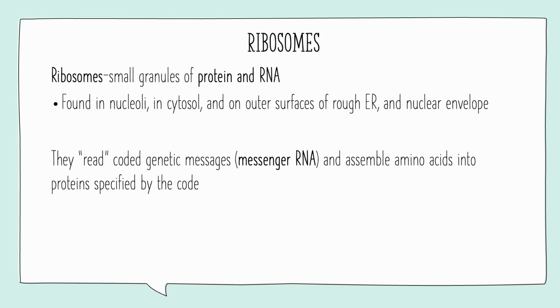Ribosomes are found in nuclei and in the cytosol and on the outer surfaces of the rough endoplasmic reticulum, and they're found on the nuclear envelope. They, quote unquote, read coded genetic messages and assemble amino acids into protein specified by the code. This is where things get a little complicated, but you'll see. We'll put it all together later.